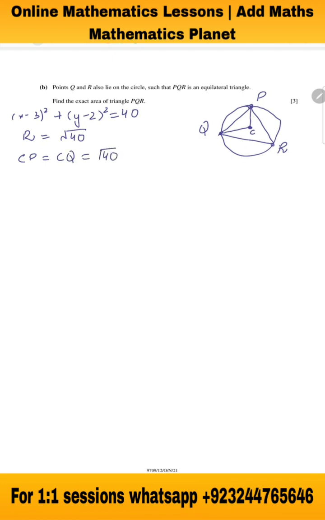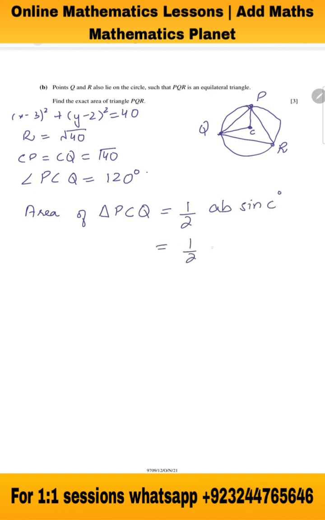And what is angle PCQ? Angle PCQ is always equal to 120 degrees. So the area of triangle PCQ will be equal to half AB sine C, half PC into QC sine C. What is PC?